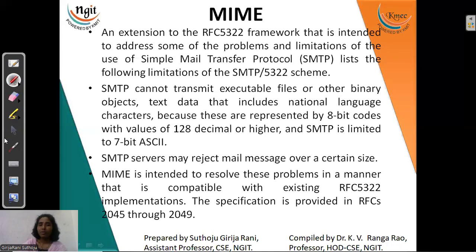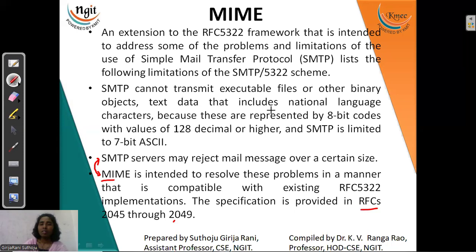Then we moved to an extension of RFC 5322 with other RFCs, 2045 and 2049, to overcome all these problems. Compared to SMTP, MIME has a few extra content types.